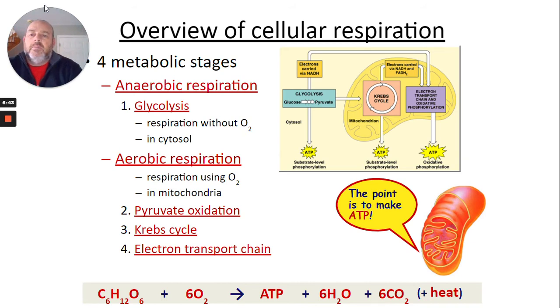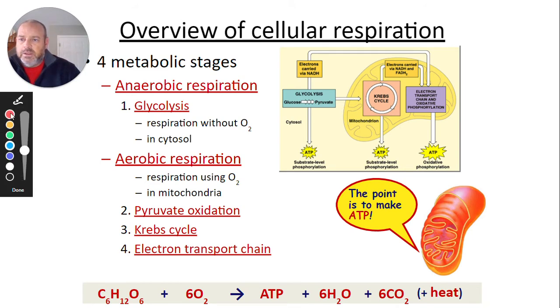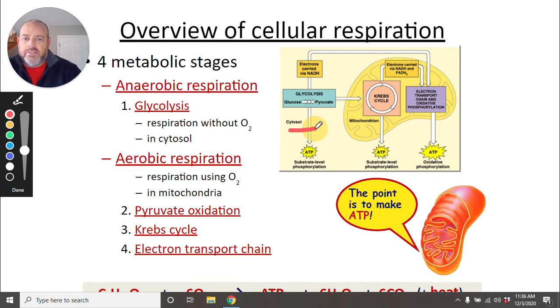So the first main part is glycolysis. That's going to happen in the cytoplasm out here. You can look at this diagram and see all the inputs and outputs and exactly what's happening. So here's glucose, and it's going to be converted to pyruvate through glycolysis.